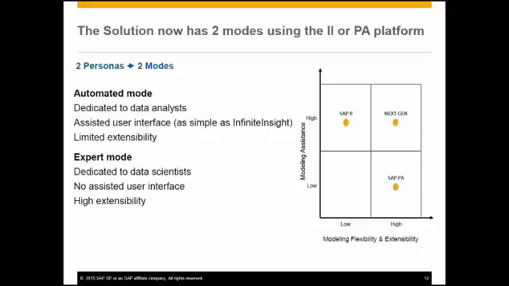So for the predictive analytics, they actually have two modes for two personas. One is called automatic, second is called expert mode. The expert mode, as the name implies, is used by people who are very skilled in building models to do analytic processing.